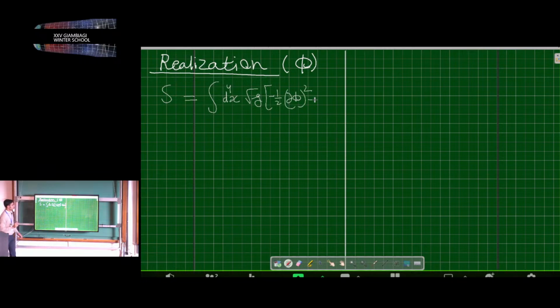So imagine this is the scalar field, and suppose the potential looks like this.